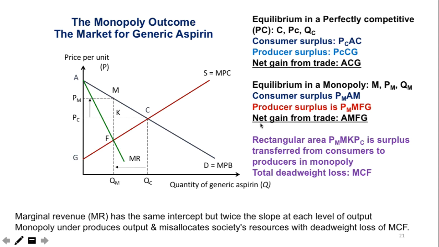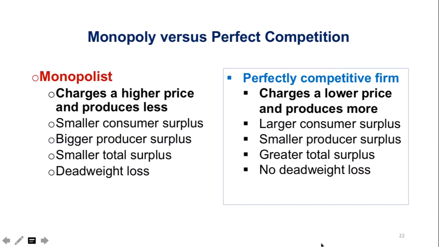Basically, the whole society is losing because of the misallocation of resources. So monopoly underproduces output and misallocates society's resources, with a deadweight loss of MCF.